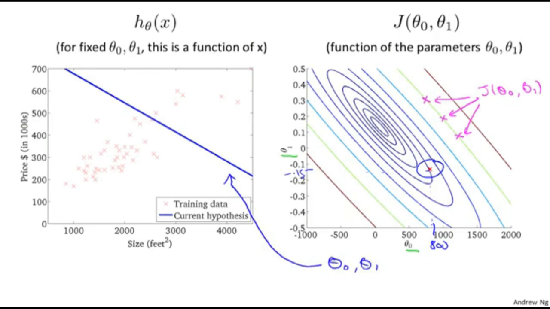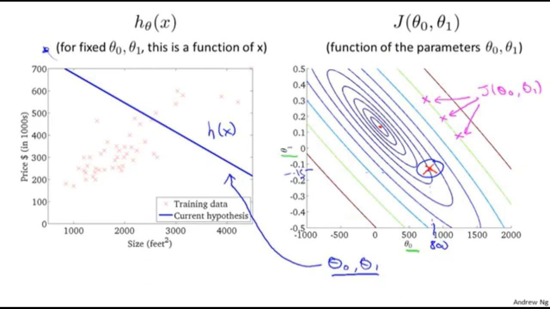With theta 0 about 800, we just intersect the vertical axis around 800, and this is a slope of about minus 0.15. Now, this line is really not such a good fit to the data. This hypothesis, h of x, with these values of theta 0, theta 1, is really not such a good fit to the data, and so you find that its cost is a value that's out here. That's pretty far from the minimum. This is a pretty high cost because this is just not that good a fit to the data.